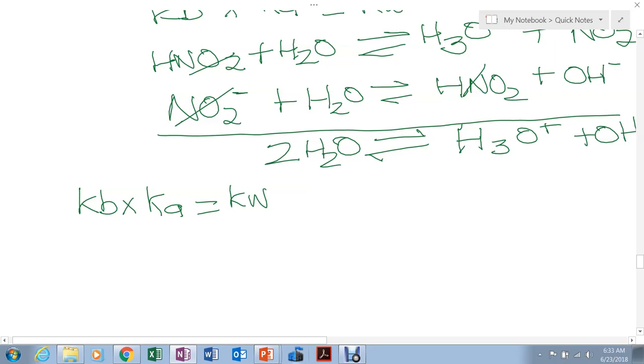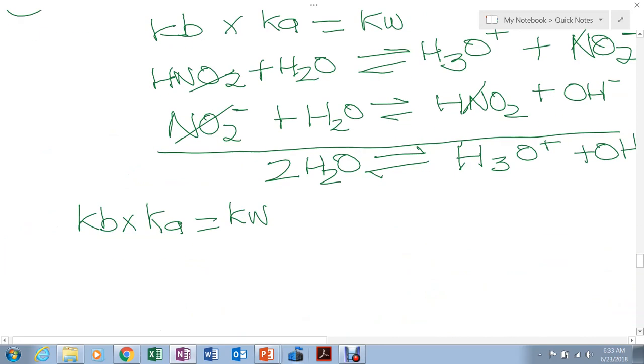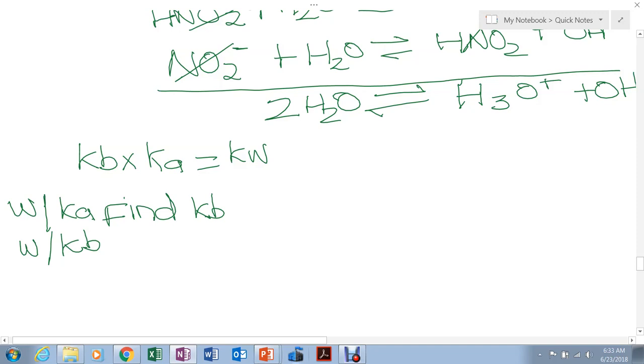Now in this problem, they're asking for pKb. But to find pKb, you need, look, you need Kb. And to find Kb, they're giving you Ka. So first, with Ka, find Kb. And with Kb, you got it already, you can find pKb.